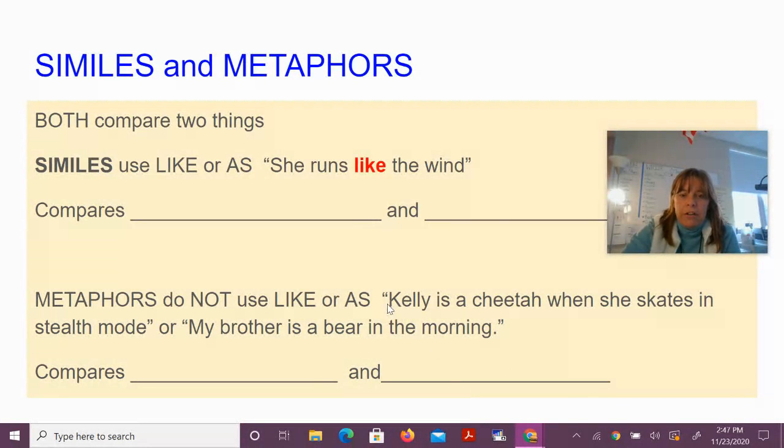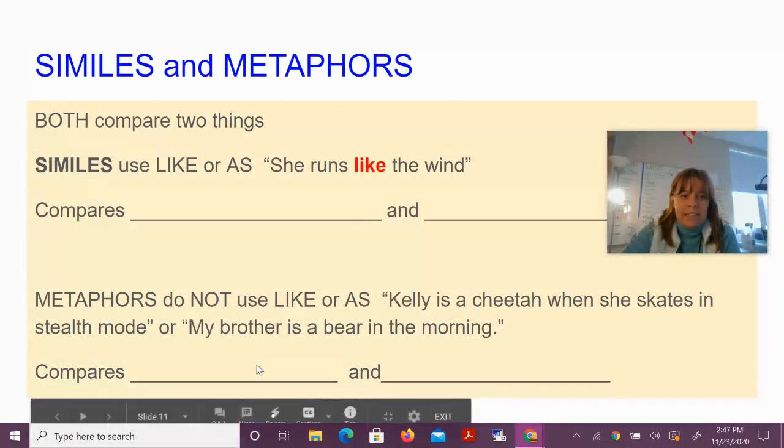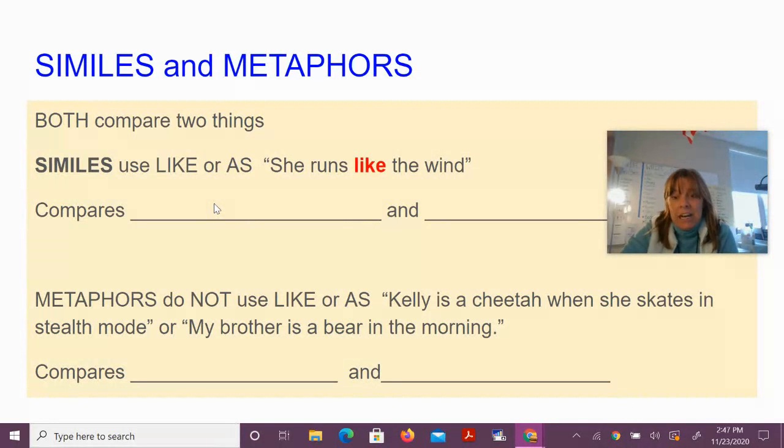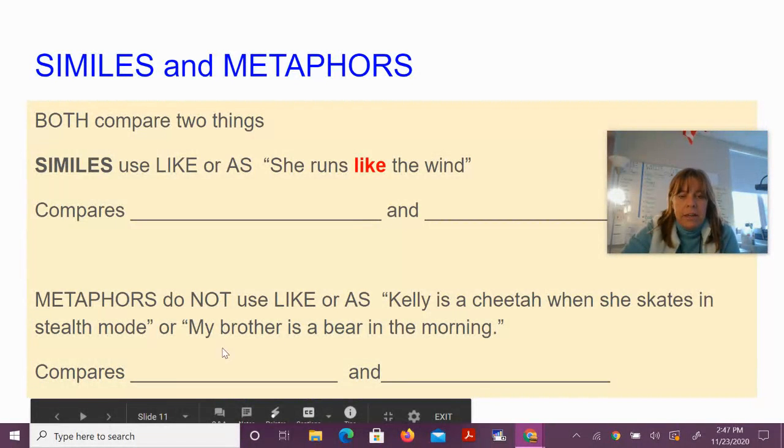So this one here, Kelly is a cheetah when she skates in stealth mode, does not use the words like or as. It's just saying it. So that's a metaphor. If I said Kelly is like a cheetah when she skates in stealth mode, then it would be a simile. So it's comparing two things. My brother is a bear in the morning compares my brother and the bear, meaning that he's basically crabby.